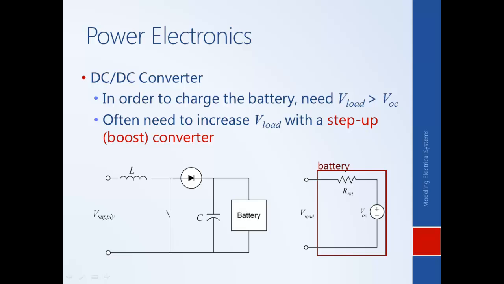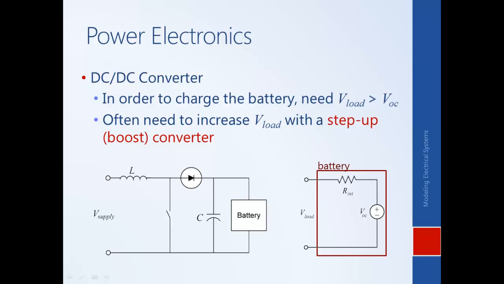As a very basic or rough intro to how a boost converter works, here's a picture. The idea again is we have some supply voltage, and this boost converter, which is in between, we're going to use to increase the supply voltage to a level such that the voltage across the battery is on average sufficiently high that we can actually charge the battery.